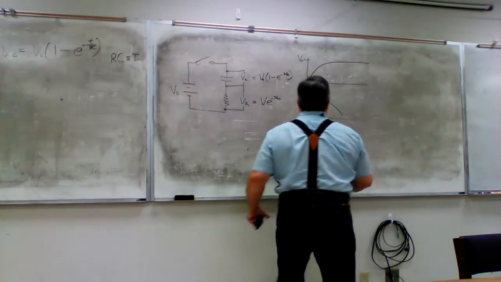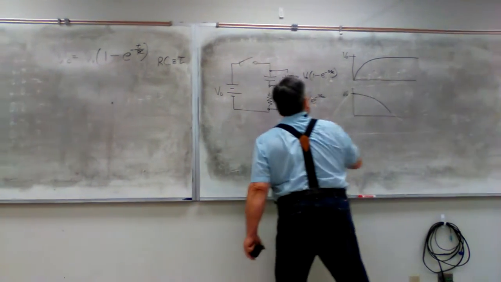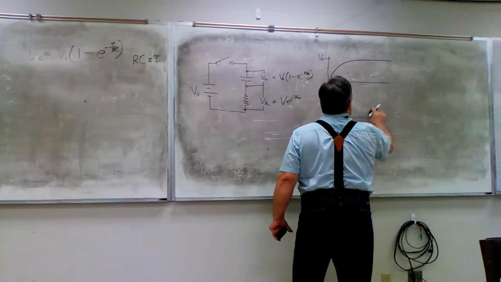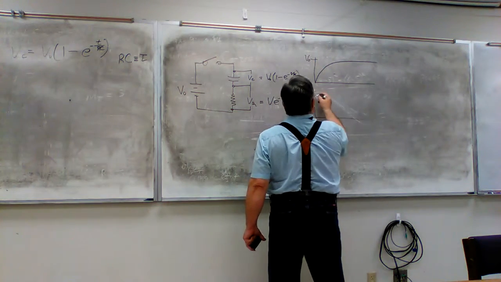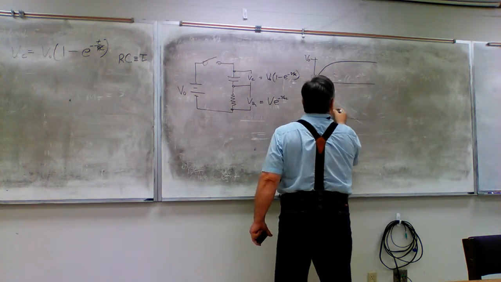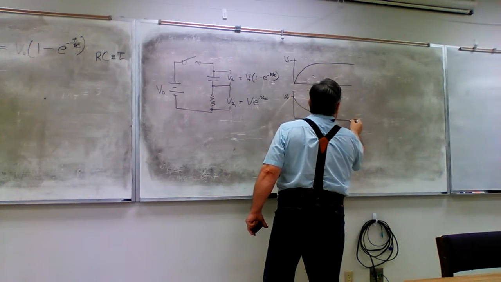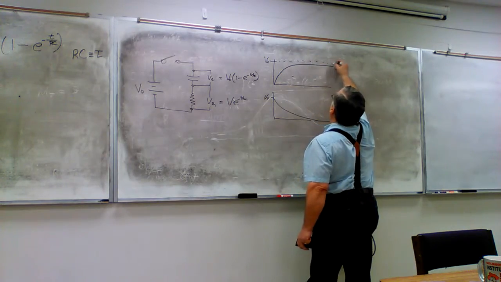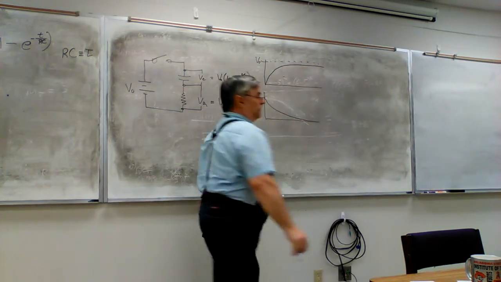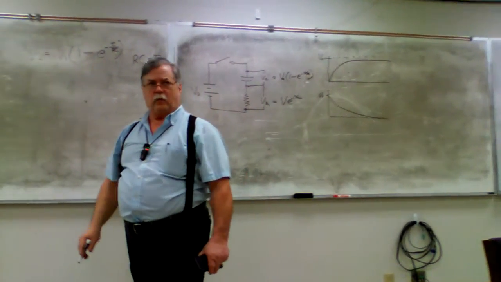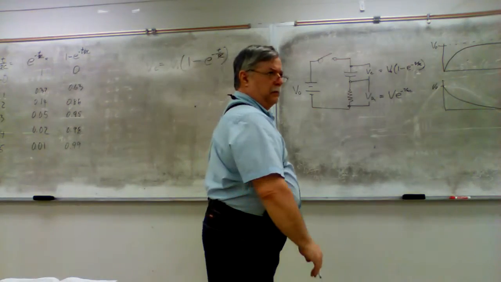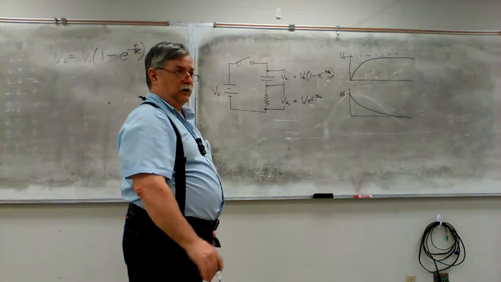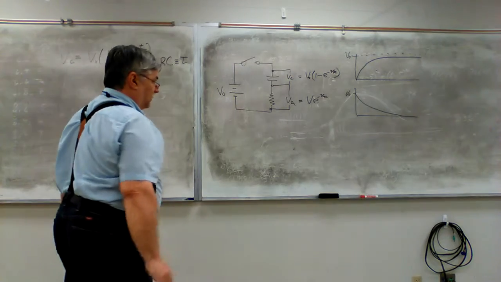Yeah, it goes concave, not convex, because it asymptotically approaches 0. It never quite gets there. That one asymptotically approaches V sub naught. It doesn't quite get there, but it continues to get closer. That one keeps getting closer to 0.